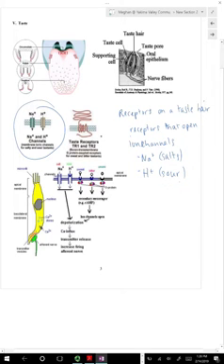Either way, those are positive ions that come into the cell, so they're going to depolarize the cell. Okay. So that's one type of receptor, ion channel receptors. The other ones are all G protein receptors. So they're going to start a signal transduction pathway.